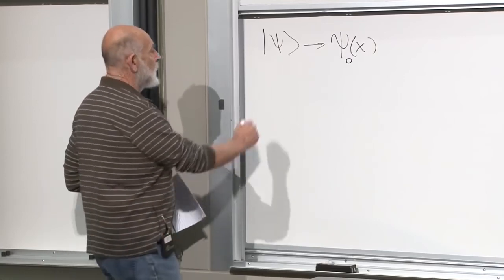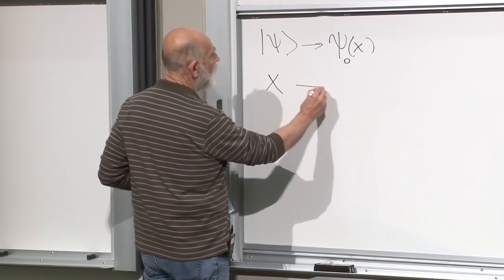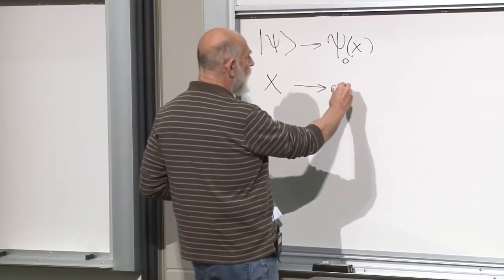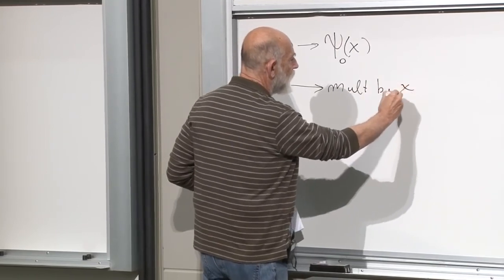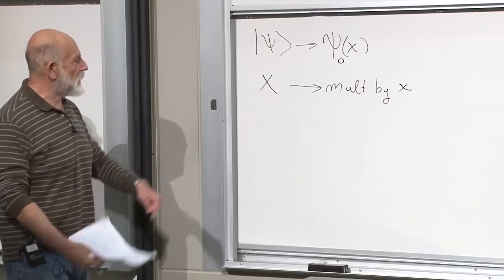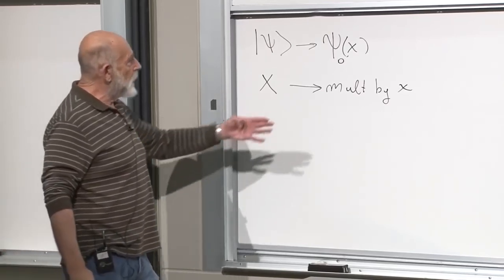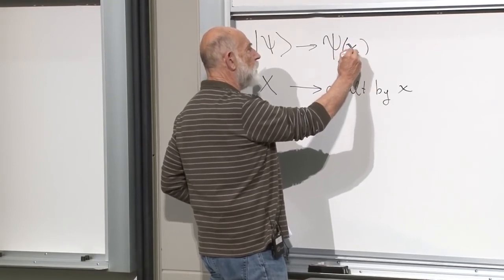Operators: the operator x becomes just multiplication by the coordinate x. I'm trying to remember to use capital letters for operators and lowercase letters for just numbers.